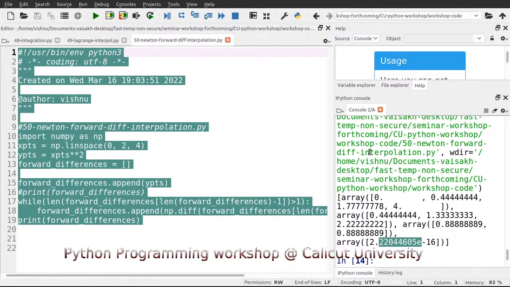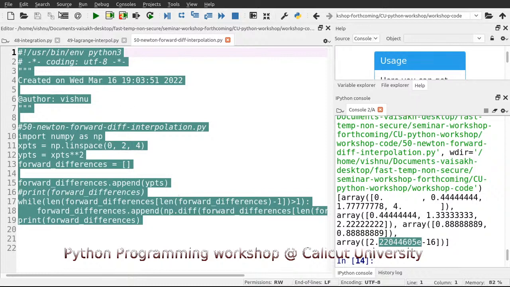Now we need the formula. Okay, once we have this, is there any spacing issue?